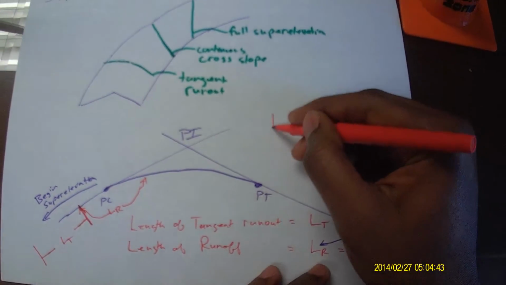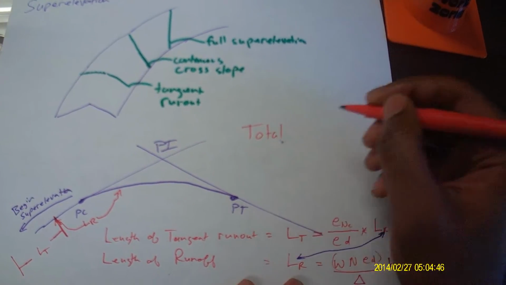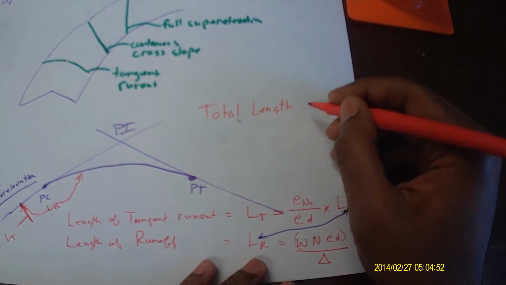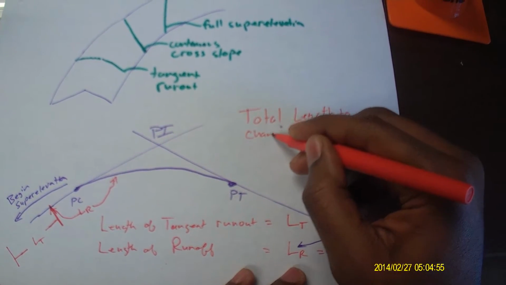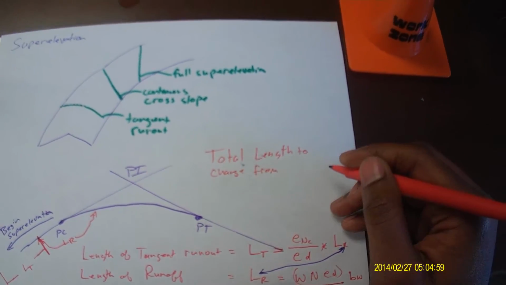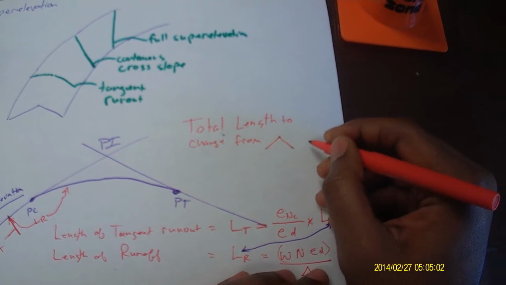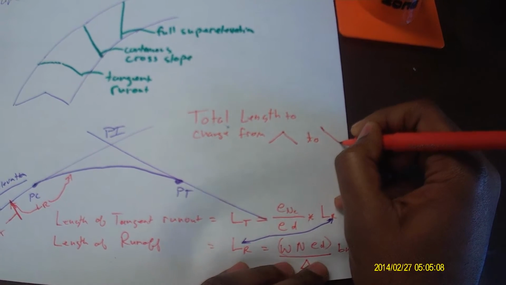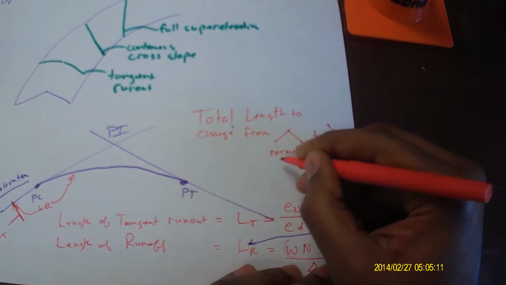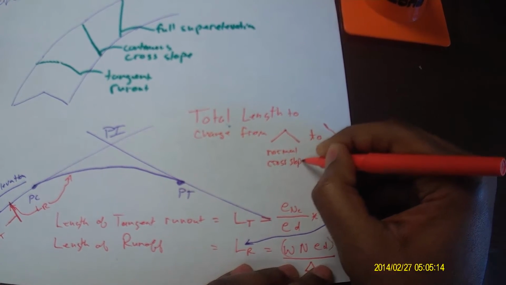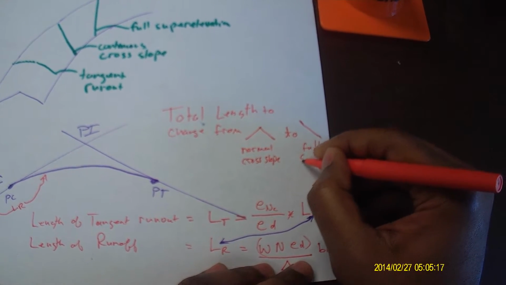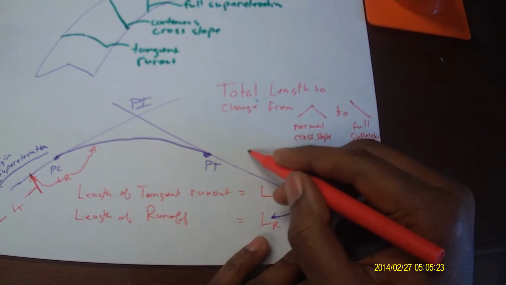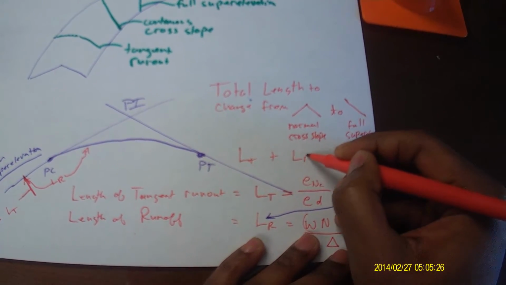So total length to change from a normal cross slope to full super elevation is equal to your L sub t plus your L sub R.